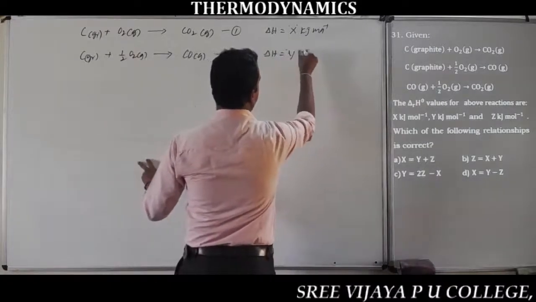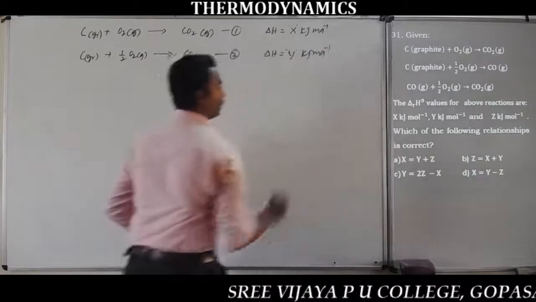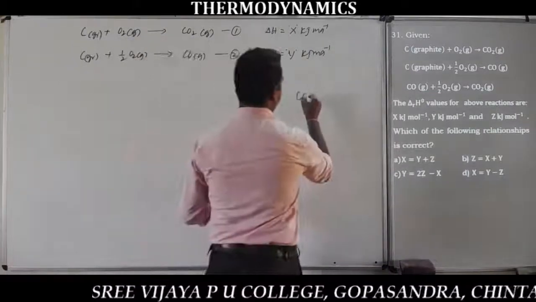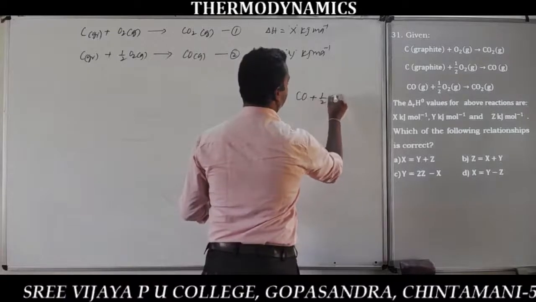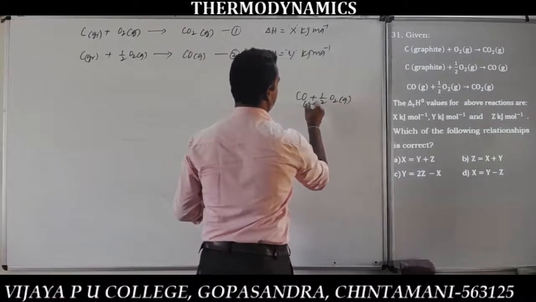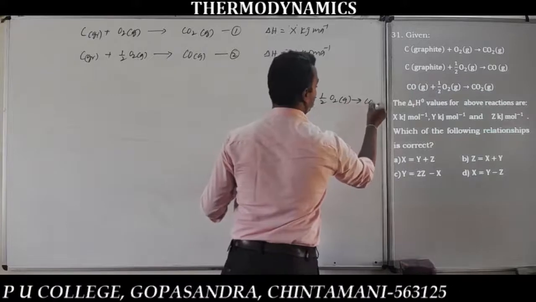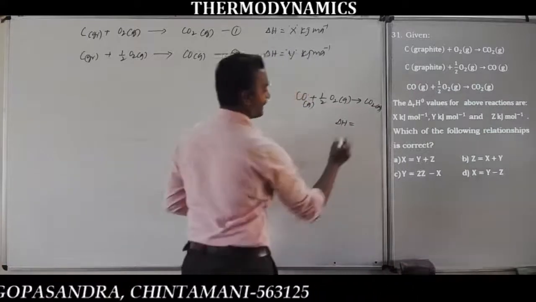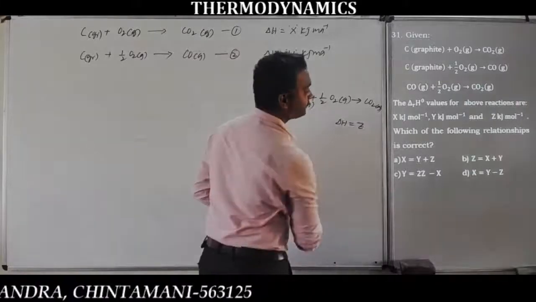That is Y kilojoule per mole. And one more thing is equation 3, so that is carbon monoxide plus of O2 gaseous, and this is also gaseous, is converted into carbon dioxide gaseous. ಇದಕ್ಕೆ ನಾವು ಏನು ಮಾಡೋಣ? delta H into that is taken as Z ಅಂತ ಇಟ್ಕೊಳ್ಳಿ.